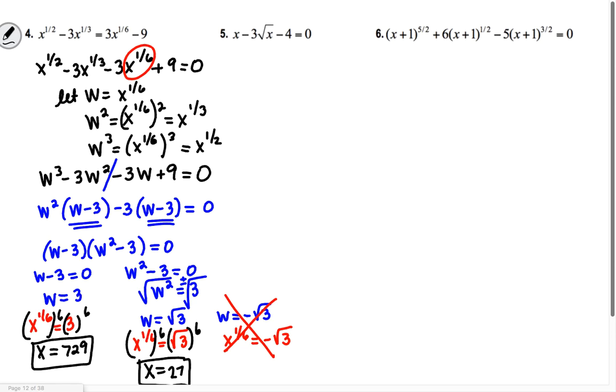All right, two more. So next one, what do you think your w substitution is? W equals the square root of x. So w squared is just x then. So we replace. So we have w squared minus 3w minus 4 equals 0.